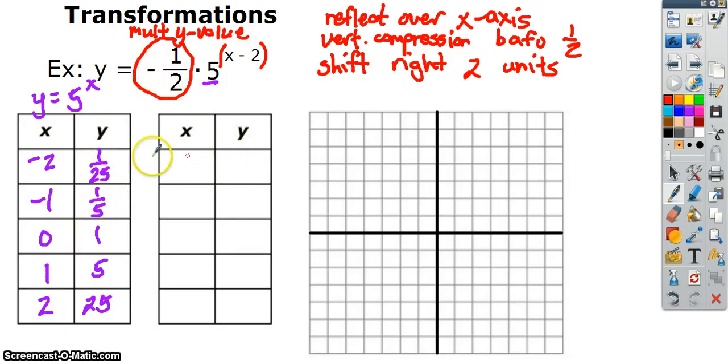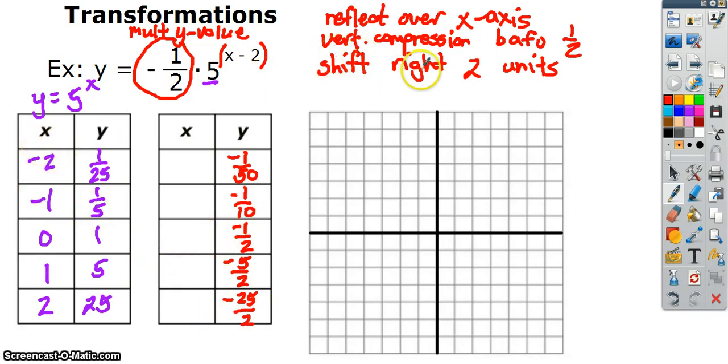Alright, so that'll make this one -1 over 50. Just multiplying straight across, 1 times 1 and 25 times 2. So this is -1/10. This is -1/2. This will be -5 over 2, or 2.5 if you prefer, and this will be -25 over 2, 12.5, if you like.